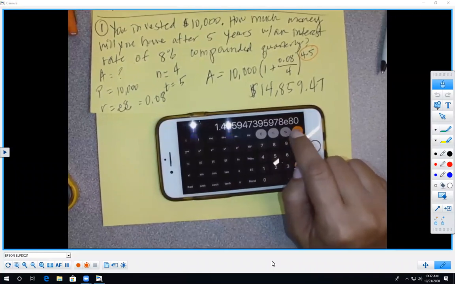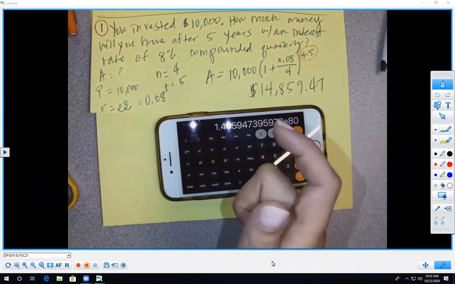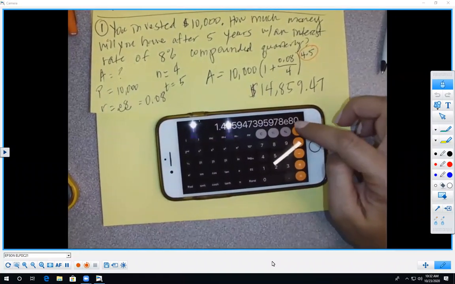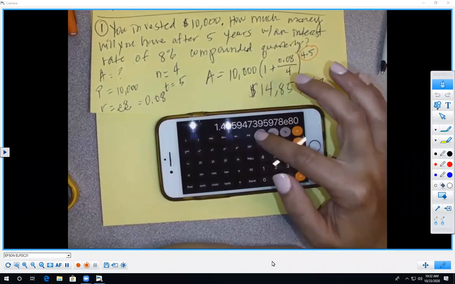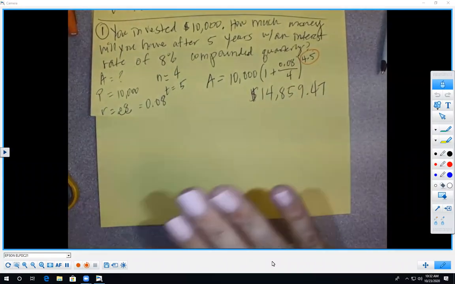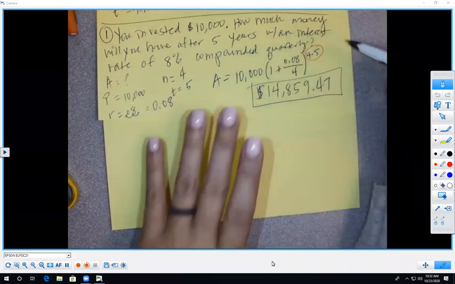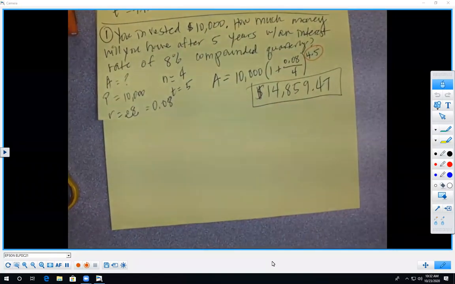This says there are 80 digits in this number, like a huge number. So obviously that is not correct. So that is your answer for if you took that money at that interest rate and compounded it quarterly.